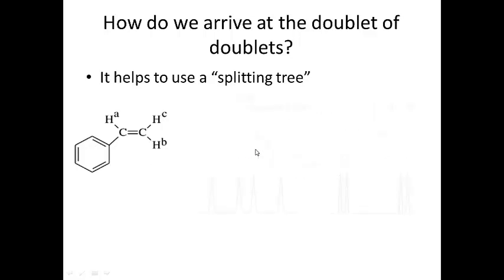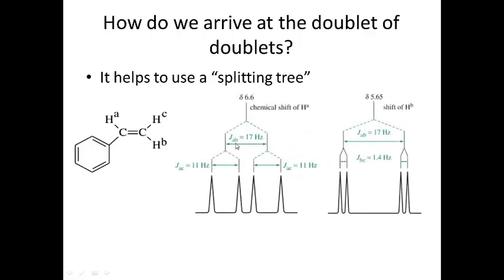So let's look at styrene again. For HA, which is here, HA is going to couple with HB. Here we see a signal without any splitting, but when it couples with HB, it splits, so you see a doublet.